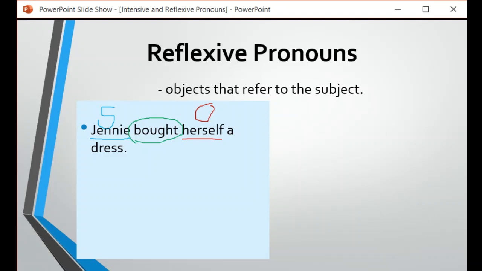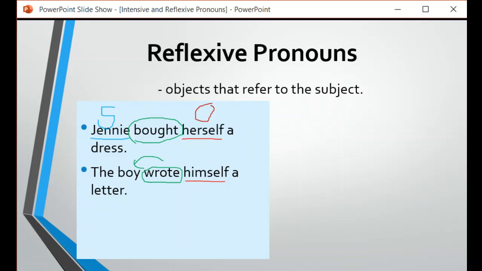Tingnan pa natin ang ibang examples. The boy wrote himself a letter. In this sentence, himself is what? That's right. This is the reflexive pronoun. It becomes a reflexive pronoun in the sentence because the action wrote was done by the boy.